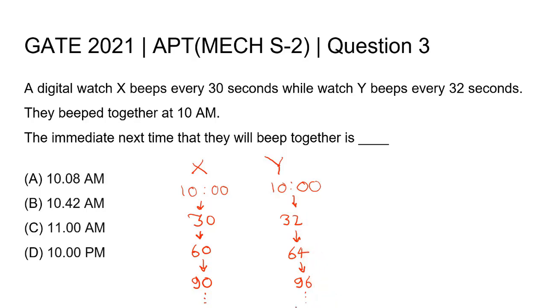So if we want to find out when the next time watch X and Y will beep together, we have to find the smallest number which is a multiple of 30 and also a multiple of 32. That number is called the LCM of 30 and 32. LCM means least common multiple.